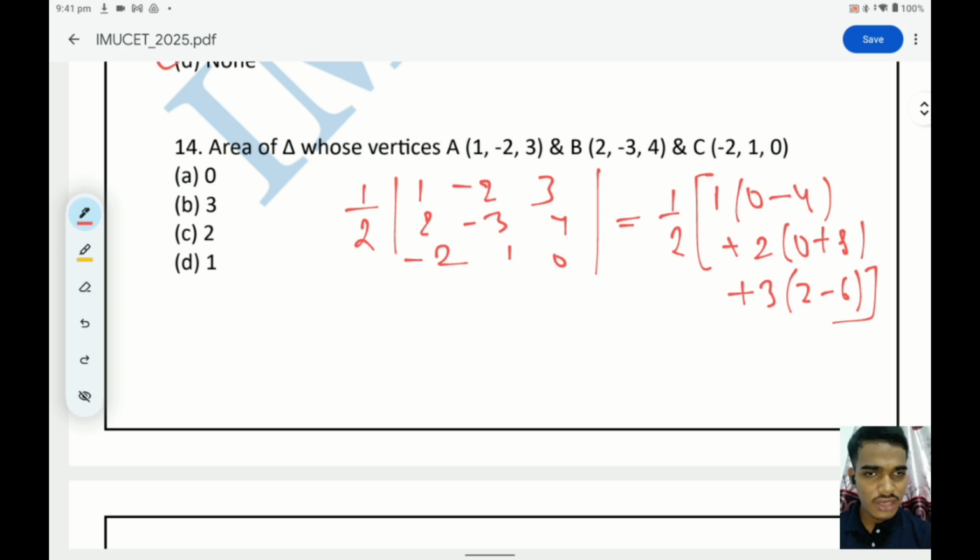It means the final value will be 1 upon 2 times minus 4 plus 16 minus 12, and it is equal to 0. So option A will be the correct answer.